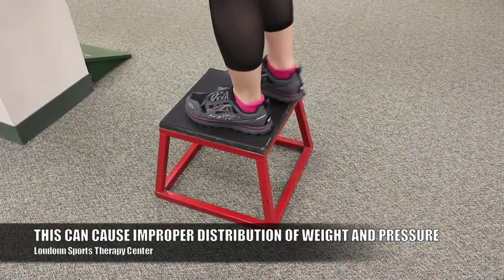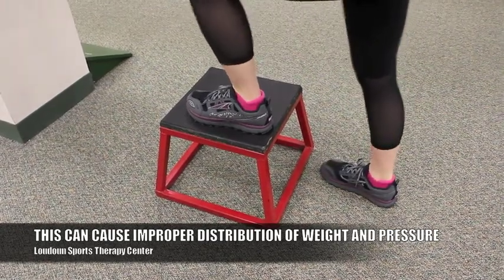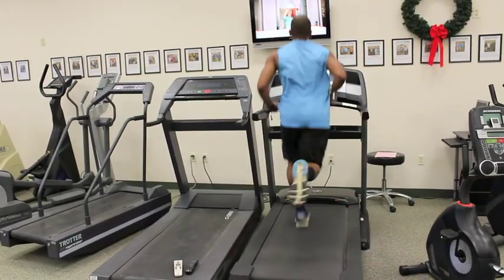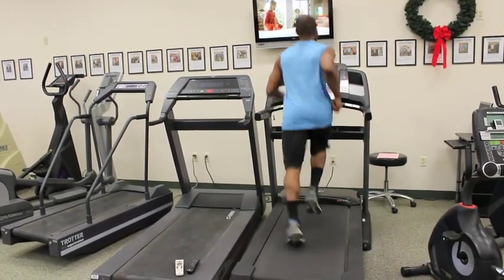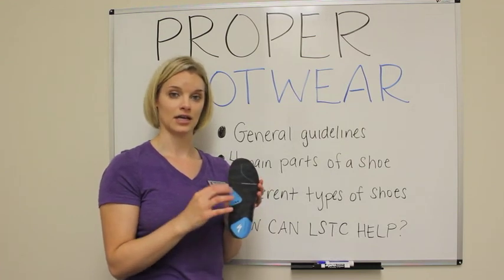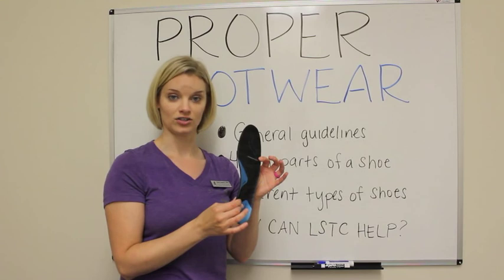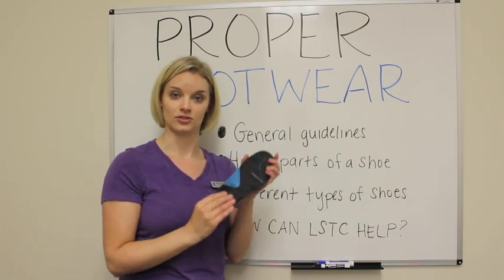So if you are using a stability shoe, I recommend getting fitted at a running store. Have them analyze your gait on the treadmill, and they will fit you to the right shoe. Just be careful of not getting too much of a stability shoe if you are a pronator, and then putting arch supports in, it could overcorrect you, so just be careful with that.